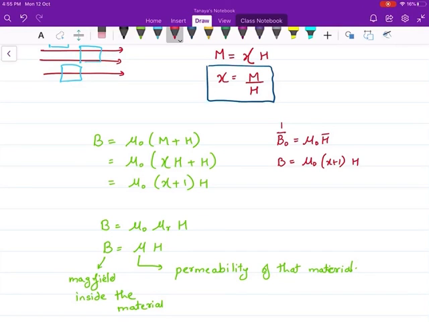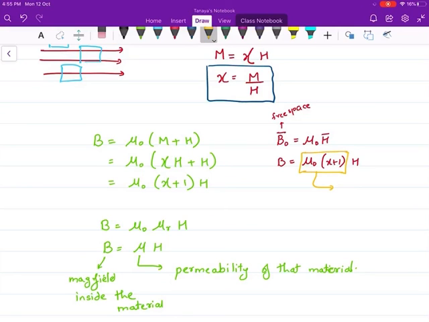For free space, or when no material was placed, I had mu naught, the permeability of free space. So by comparing the two equations, this bracket should be the permeability of that particular medium.